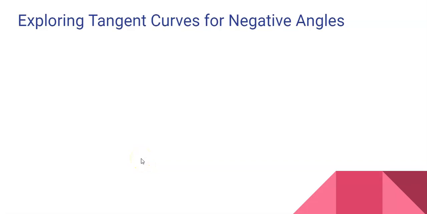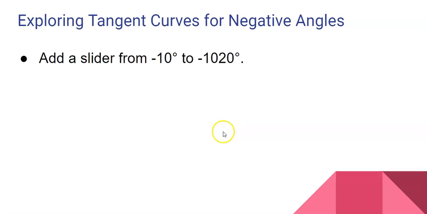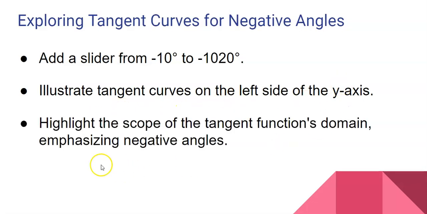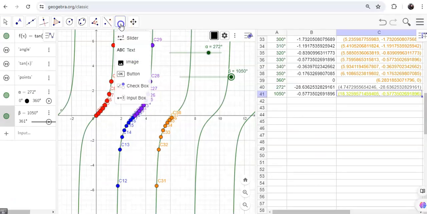Alright, so let's explore further. And now we're going to have negative angles as our input. So we are going to add a slider from -10 to -1020 degrees. So we're going to illustrate the tangent curves on the left side of the y-axis and to highlight the scope of the tangent function's domain, emphasizing negative angles.